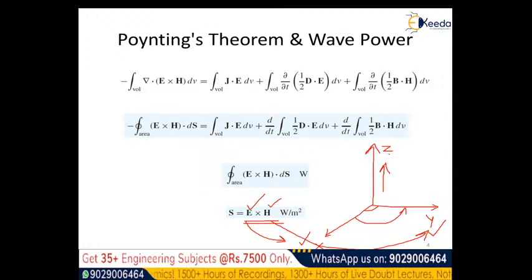Here you see that it is upwards, towards the positive side of the z axis. So S will be directed towards the positive z axis if E and H are directed along the x and y axes respectively. This is the discussion with respect to the right-handed rectangular coordinate system.